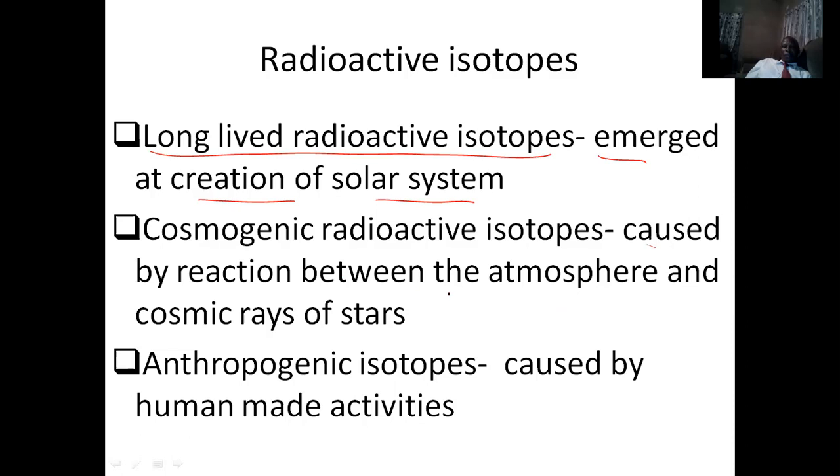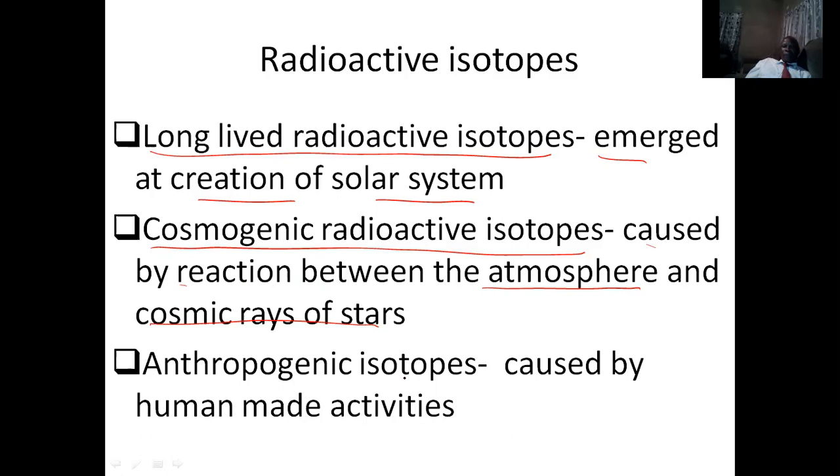And then you have those which are formed as a result of the reaction of the atmosphere with the rays from the stars, that is the cosmic rays. When they react with the atmosphere, then we have what are known as cosmogenic radioactive isotopes. So cosmogenic radioactive isotopes are formed as a result of the reaction of the atmosphere with the rays from the sun and the stars.